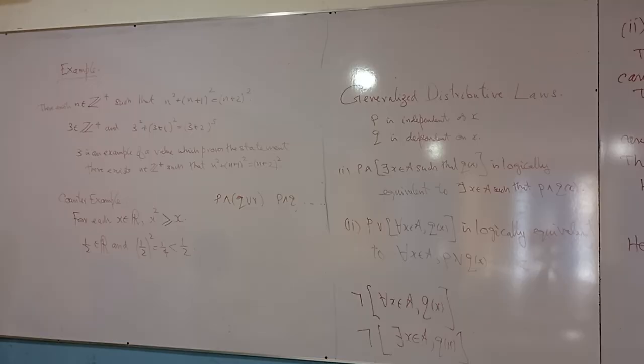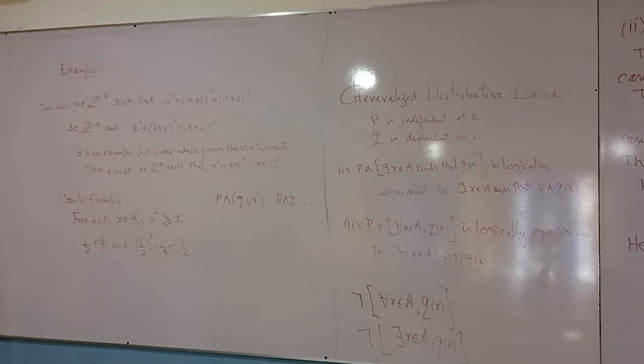We assume the negation of the implication and prove there is a contradiction. So what is the negation of the implication? We assume P is true and Q is not true, and by that we do some work and prove there is a contradiction at the end.